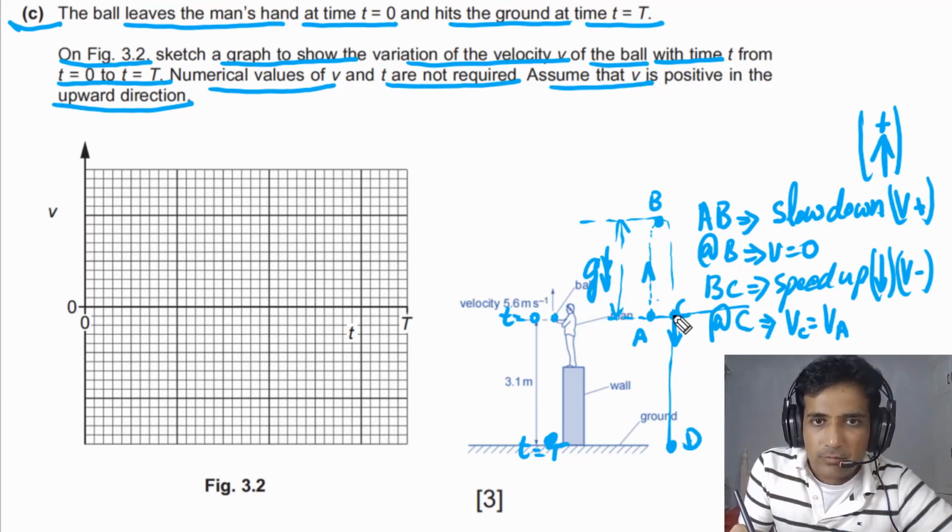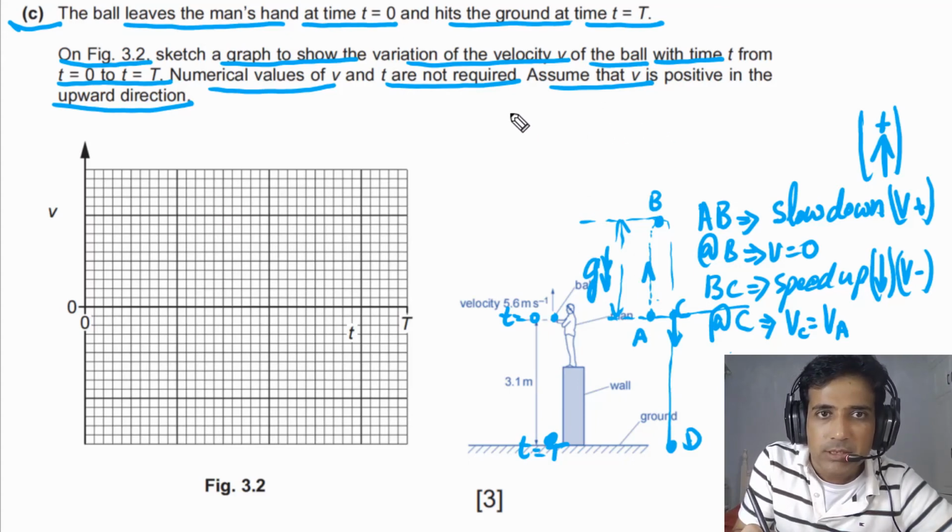But when the ball goes down, the speed of the ball will keep on increasing due to the force of gravity. So between C and D, the speed of the ball is increasing, but velocity is negative.